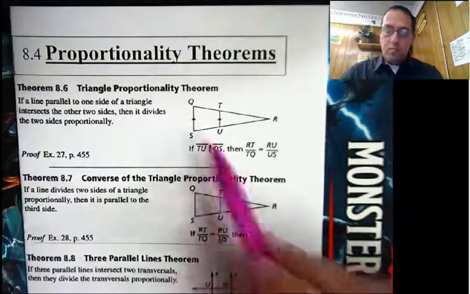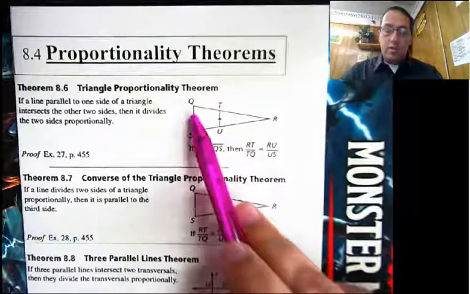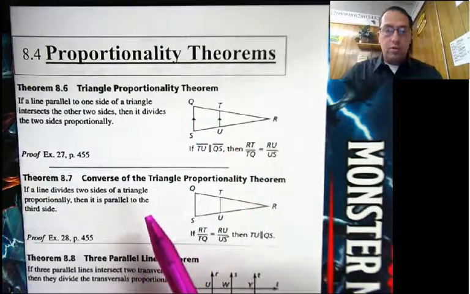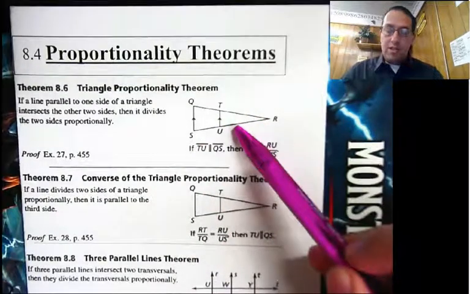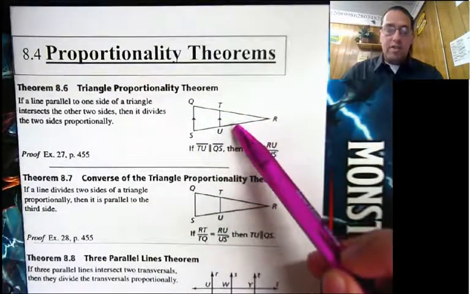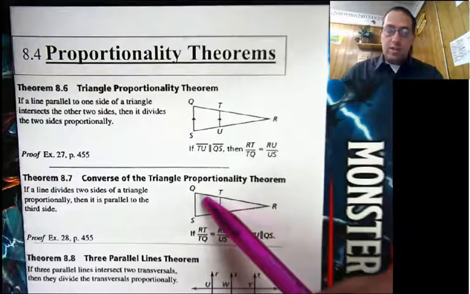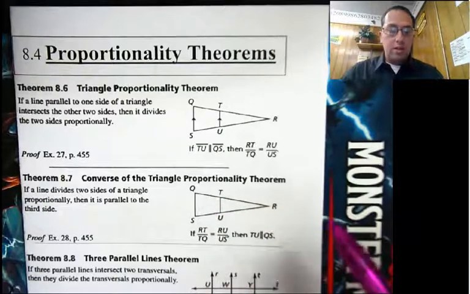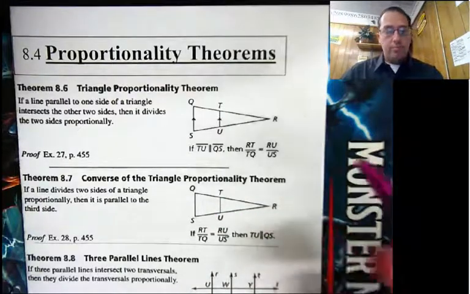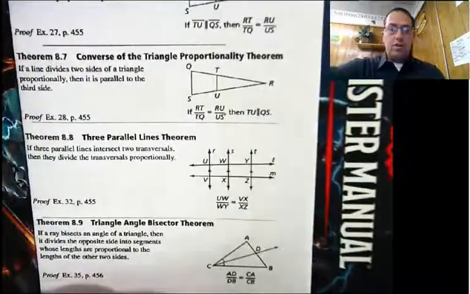The theorem says that if these two lines are parallel, then the segments it divides the sides into are proportional. The converse says if the segments it got cut into are proportional, then the lines are parallel. Simple enough.